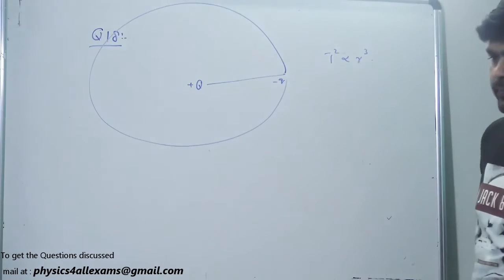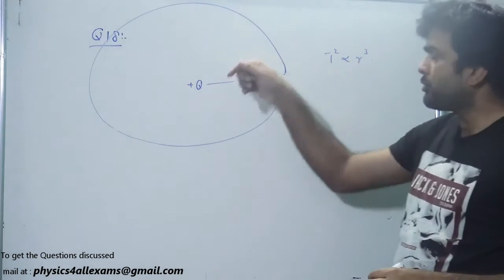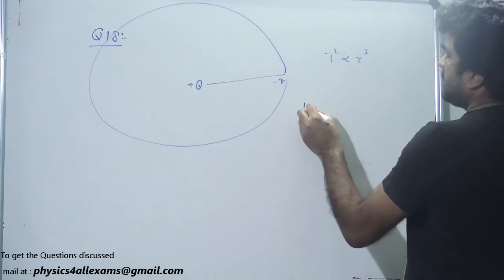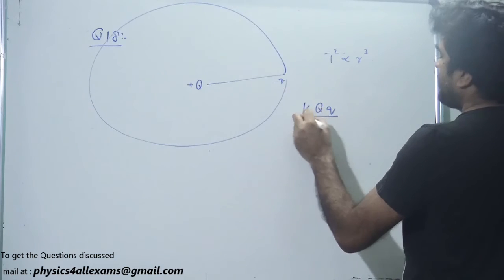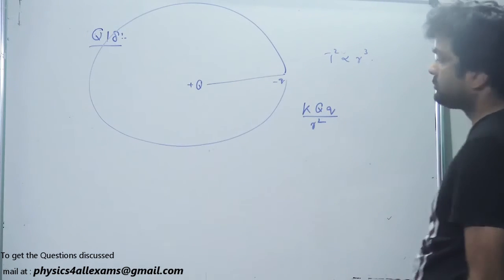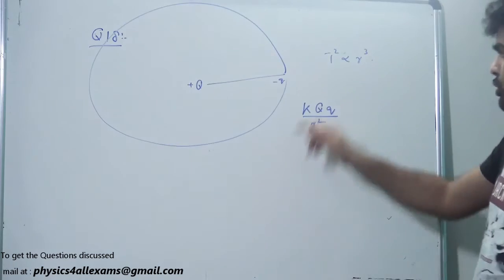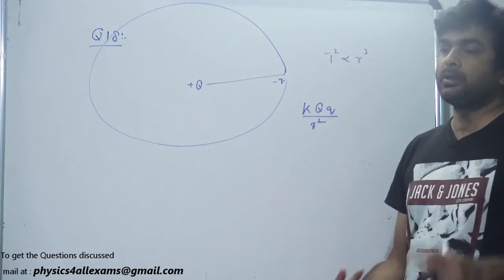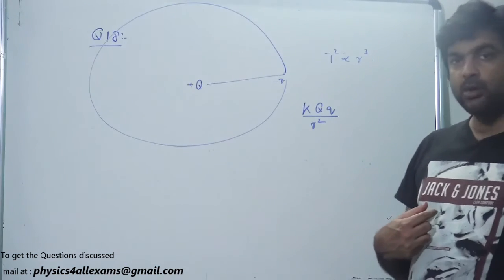Very simple proof. The net electrostatic force acting on this charged particle will be kQq divided by r^2, towards the center, and it is because of this force that the particle is accelerating towards the center.